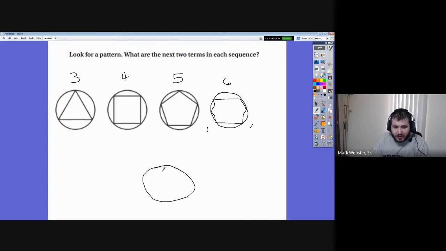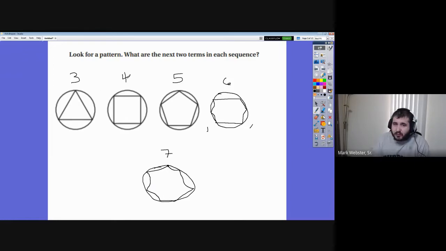So let's see how ugly this is going to look. We're going to try our best here. There we go. That terrible looking heptagon. But that's okay. But that's the idea, right?